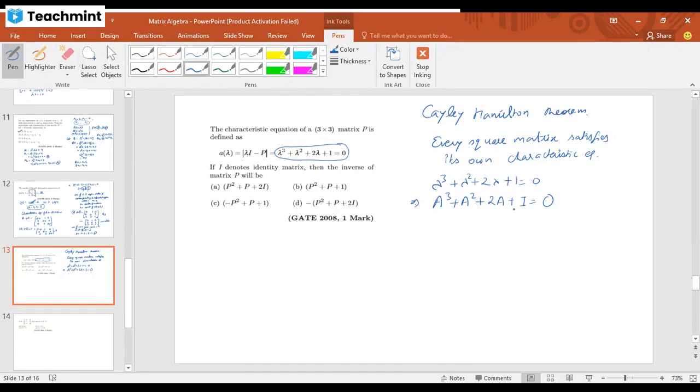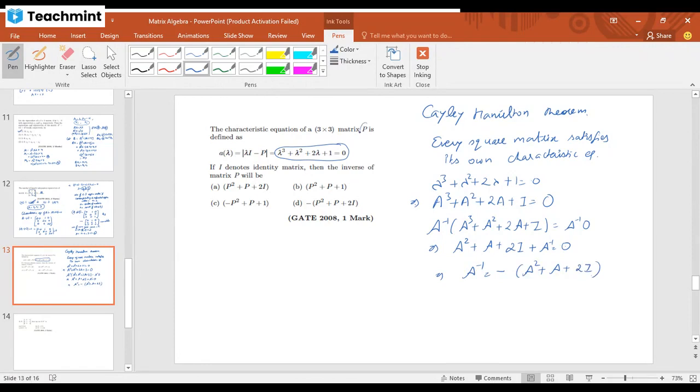So we can operate with A inverse throughout. We get A inverse times A cube plus A square plus 2 times A plus identity matrix equal to A inverse times the null matrix. So we get A square plus A plus 2 times identity matrix plus A inverse equal to the null matrix. So A inverse will be equal to minus of A square plus A plus 2 times identity.